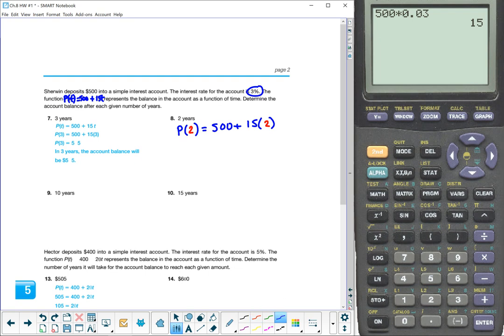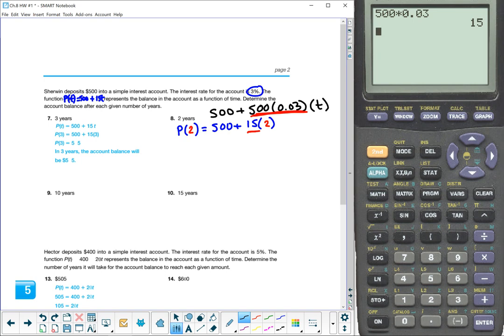Remember on the first side, this is what we did: 500 plus 500 times 0.03, and I just did it right here, 0.03 times 500. That gets us 15. That's all it is. And then we're going to multiply by the time, which in this case happens to be 2.